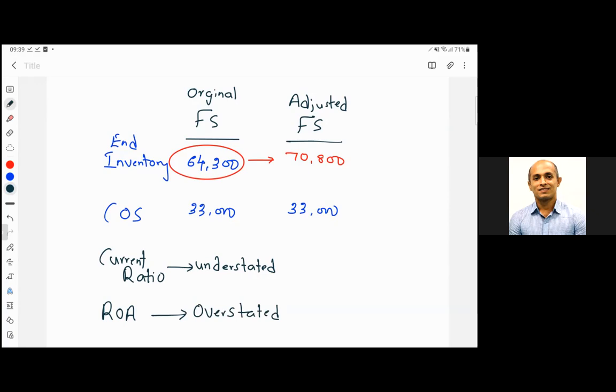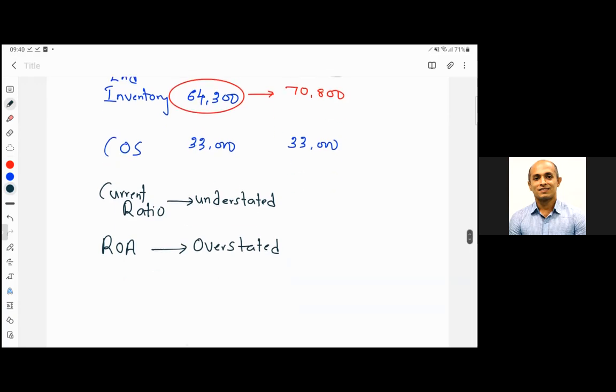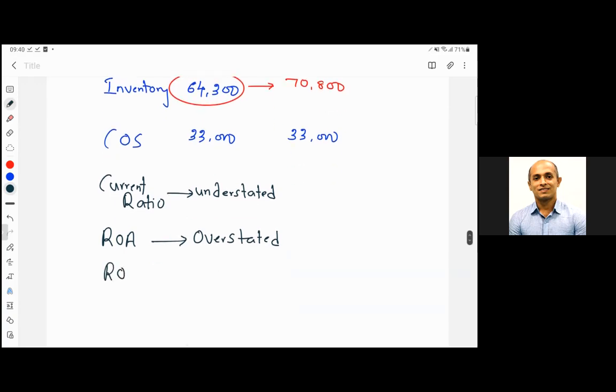Right. Now you see, if you do not adjust, your ratios are affected. Certain ratios are affected. Return on equity also overstated.